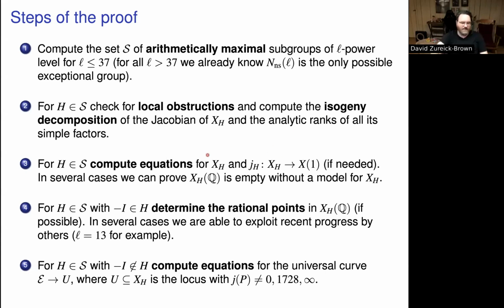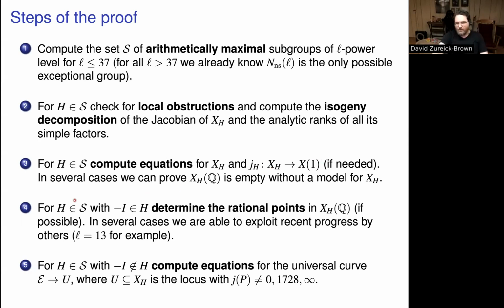Once you have the isogeny decomposition, it points you at what to attempt. If all the factors have rank 0, that's much easier than if some or none have small rank. When appropriate, compute equations for the modular curve, and then often you also need equations for the J-map.